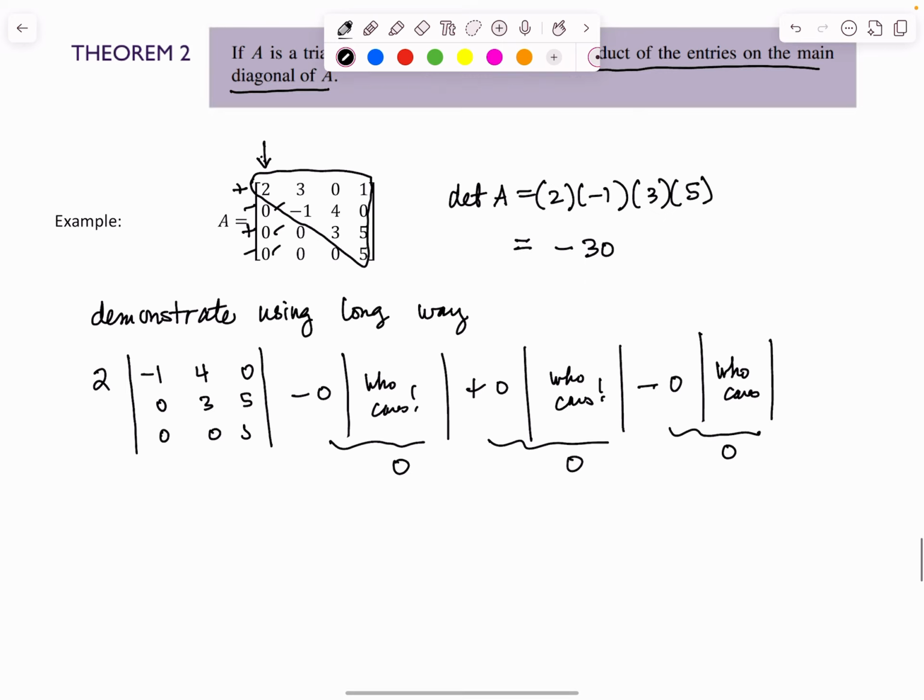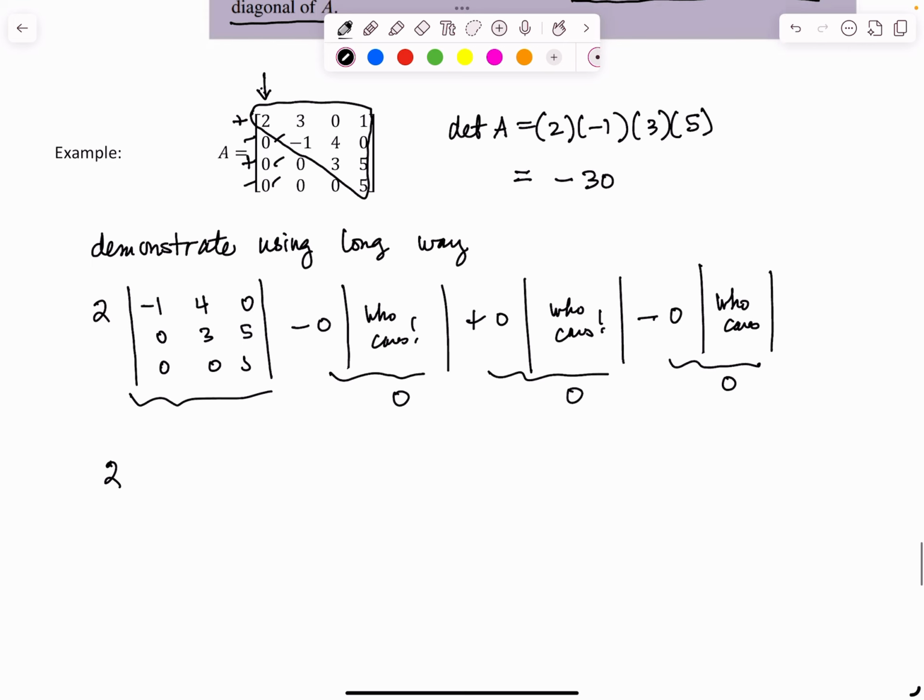So now let's look at the determinant of this. Now this is a 3 by 3 matrix. To find its determinant, I'm going to choose the first column. The signs are plus, minus, plus. So this is going to be plus negative 1 times the determinant of the submatrix 3, 5, 0, 5.